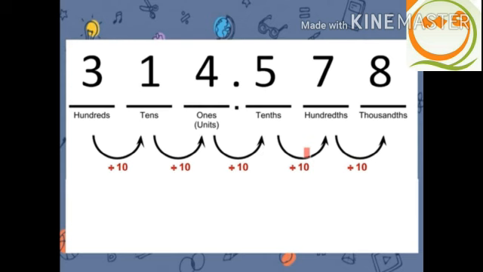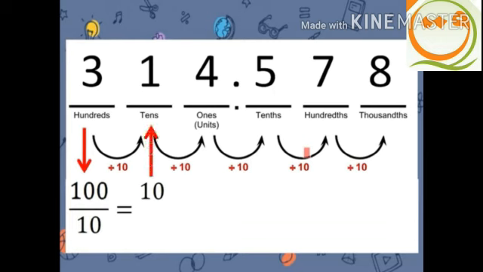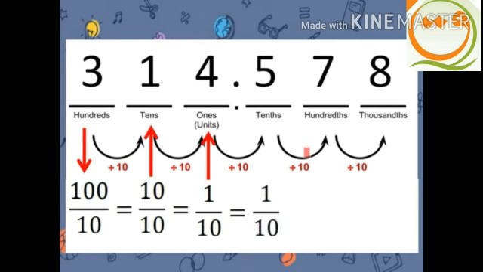For example, 3 has the place value hundreds, right? If I divide this 100 by 10, I will get 10, which is the place value of the next digit, which is 1. Again, dividing 10 with 10 will give me 1, which is the place value of 4. Again, dividing 1 by 10, I will get 1 over 10, which will be the place value of the first digit in the decimal part, which is 5.